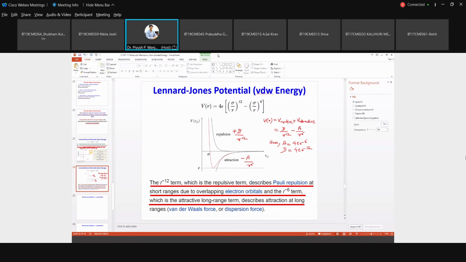Yes, so it's written here that this describes long attractive ranges. I didn't get what they mean by long range forces. Yes, sir, because van der Waals forces are usually short range forces.